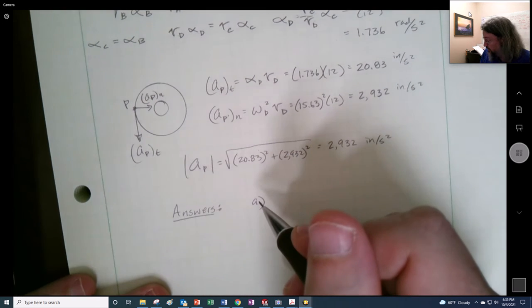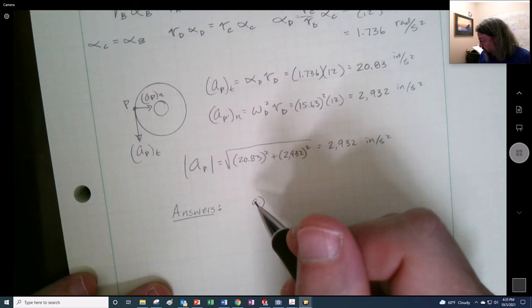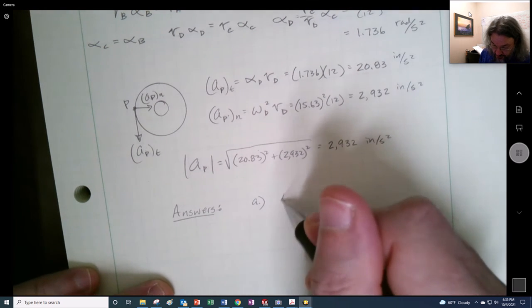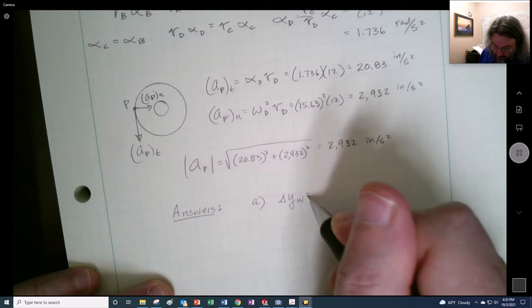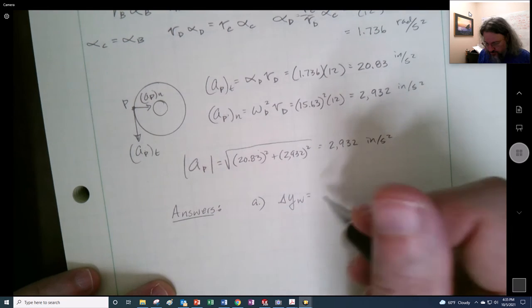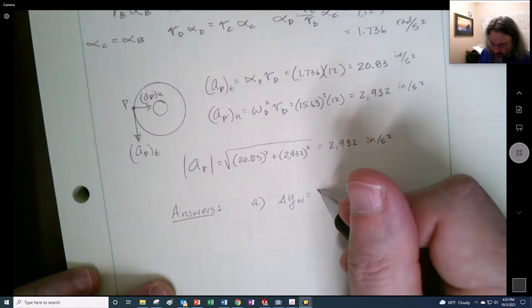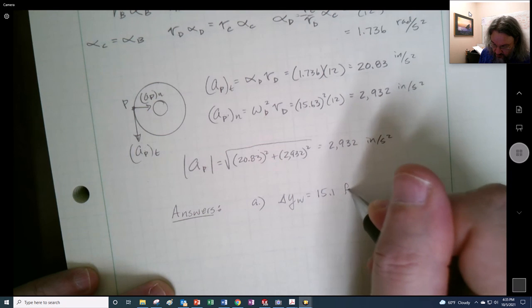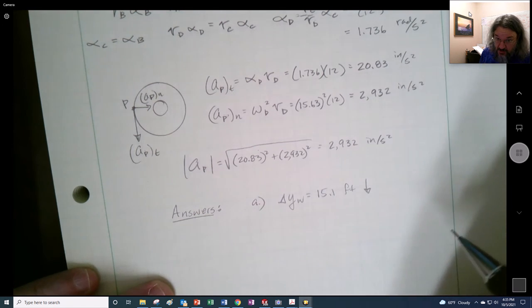What were we asking for? Delta Y of the weight is going to be 15.1 feet, and we said it was going down.